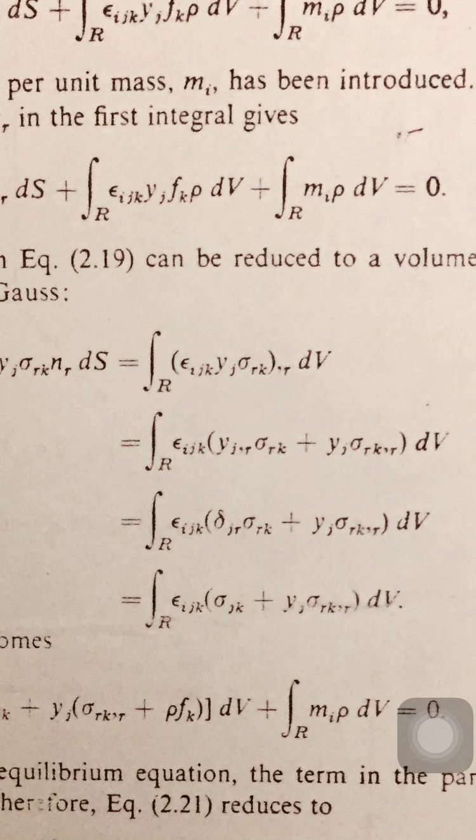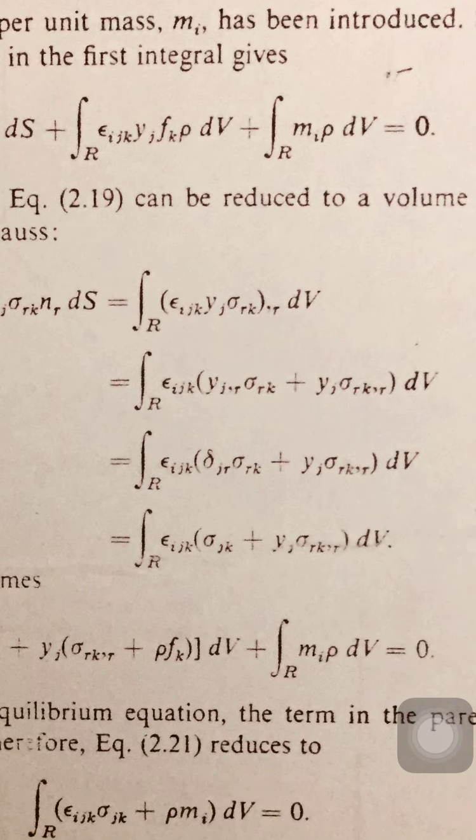Now differentiate these two terms. Epsilon_lm ijk is a scalar, so take it common outside, and differentiate the remaining terms by using the UV method, so it becomes this one. Now yj comma r is nothing but the Kronecker delta jr.